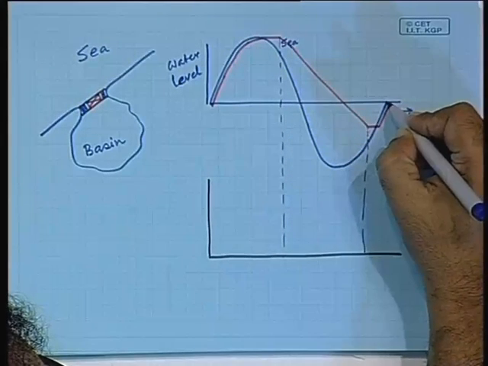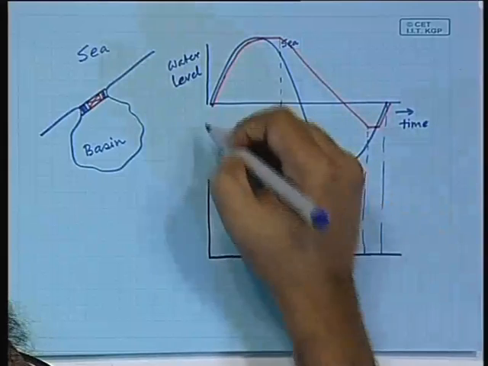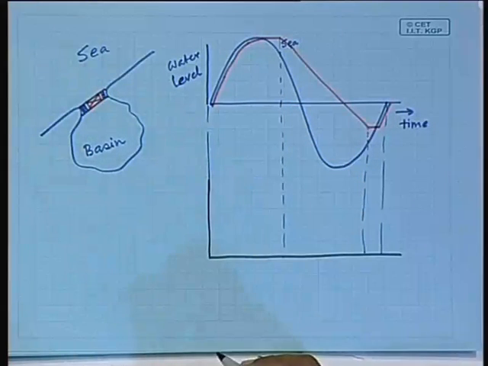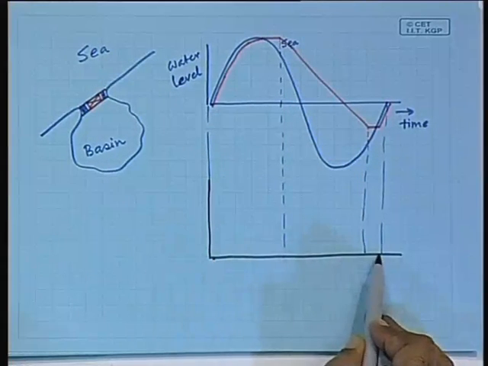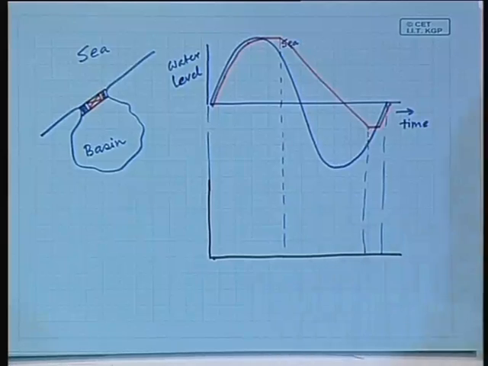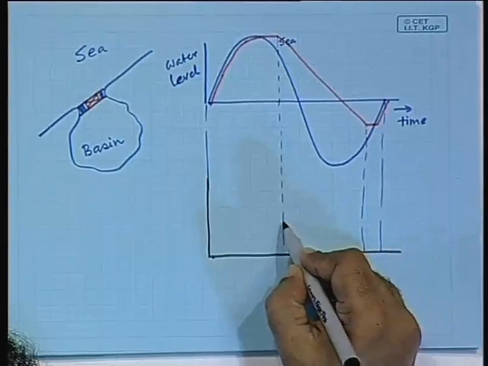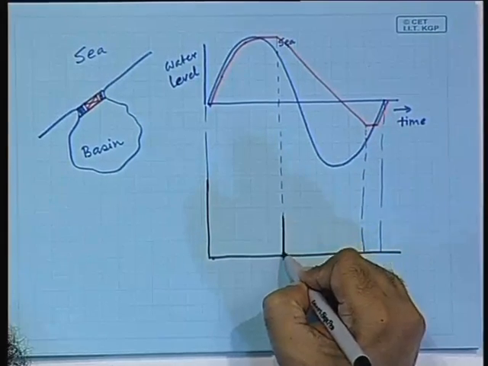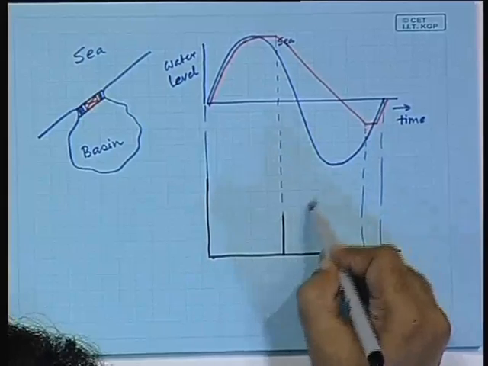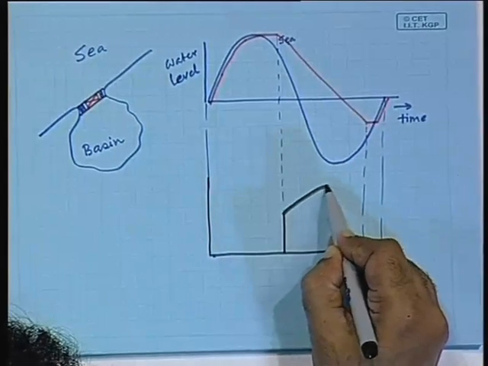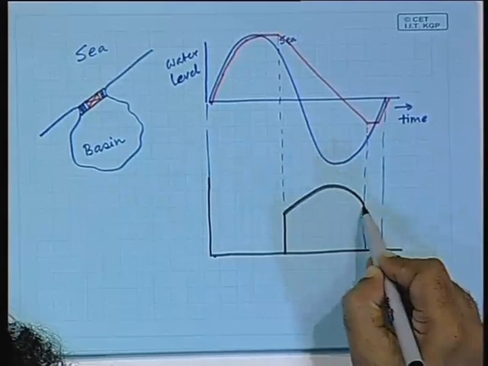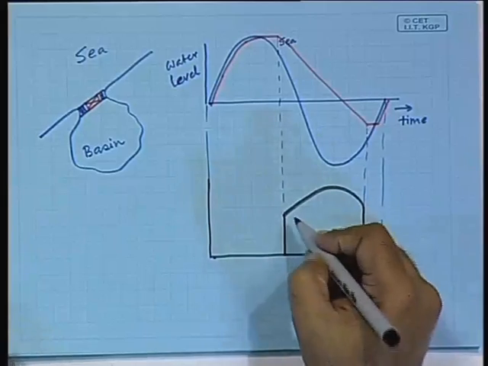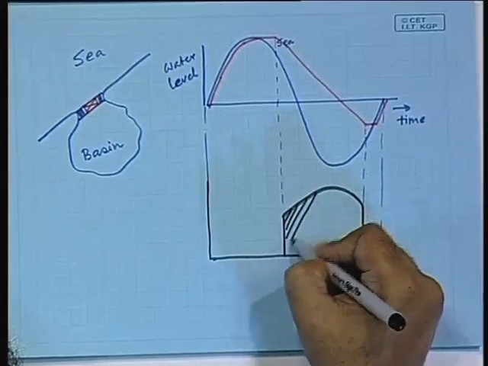Within this whole cycle, you have the power output only during this time. So, it starts at a certain value, it goes up to a maximum at this point. So, it should be something like this. This is the curve for the power output.